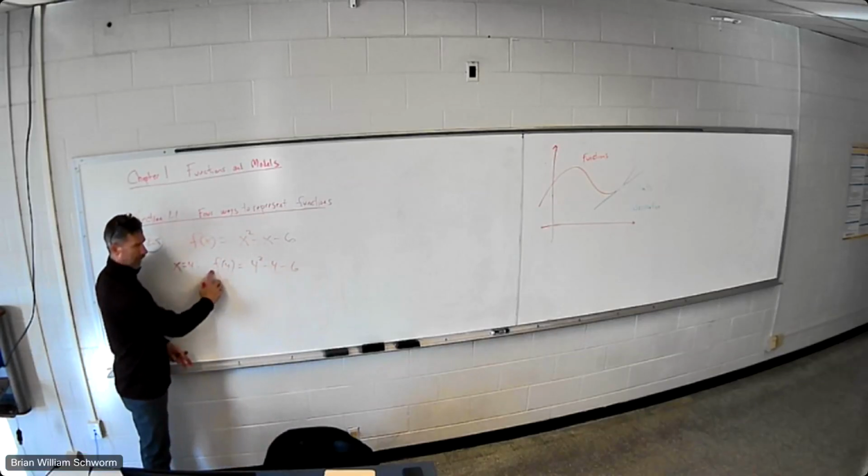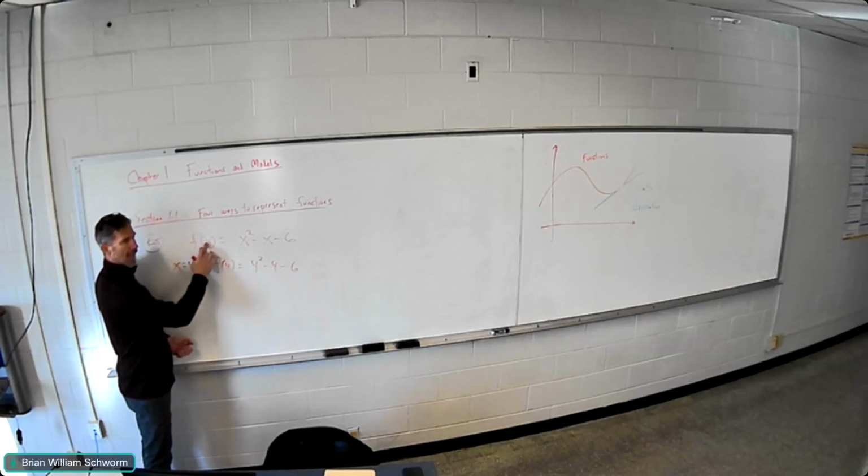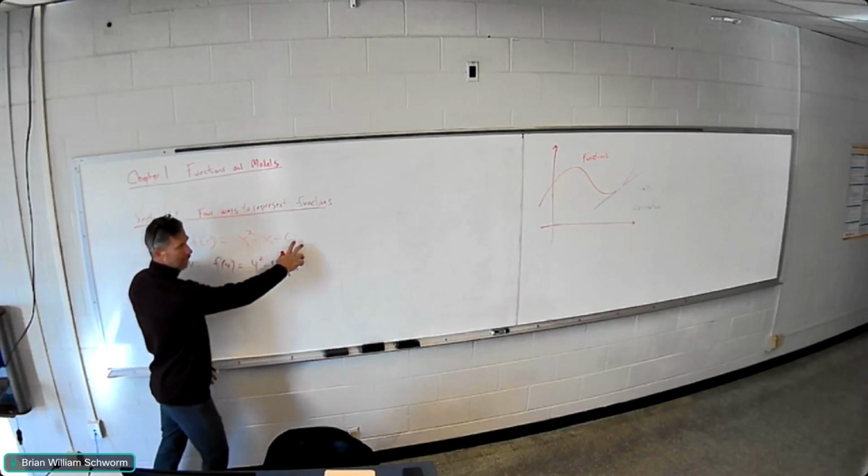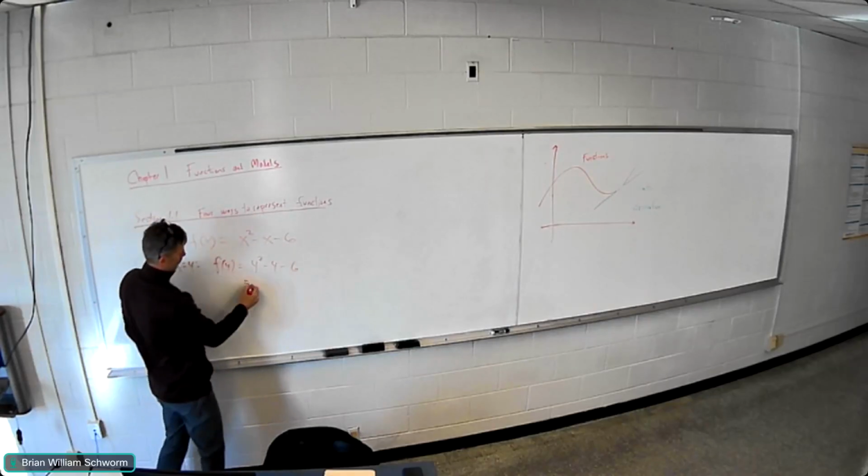Hopefully this is just a reminder, this is function notation. This means the function has a variable x in it. It doesn't mean f times x, it means the function with the variable x. So when I write this, it doesn't mean f times 4, it means I'm plugging in the number 4 into the function. Wherever there's an x on this side, I'm plugging in a 4.